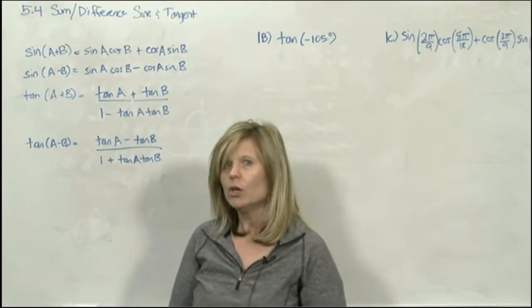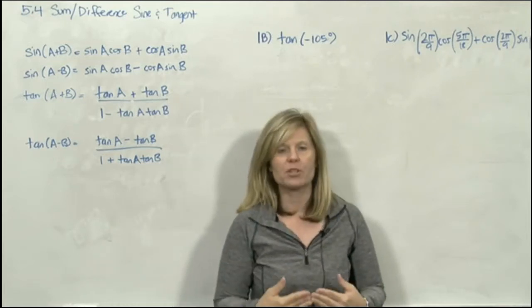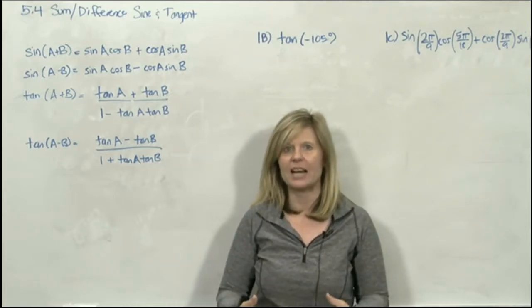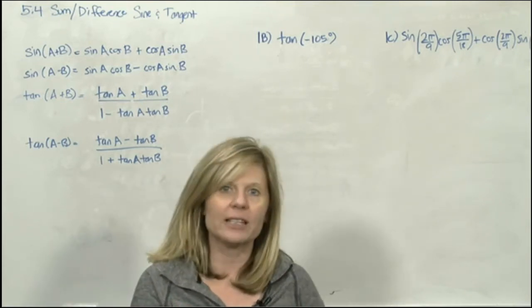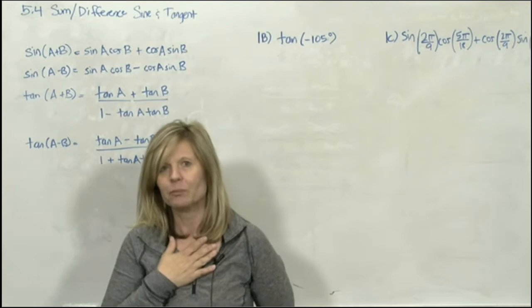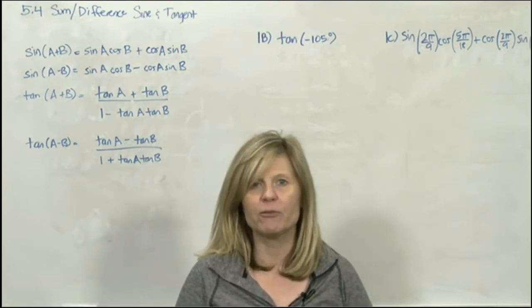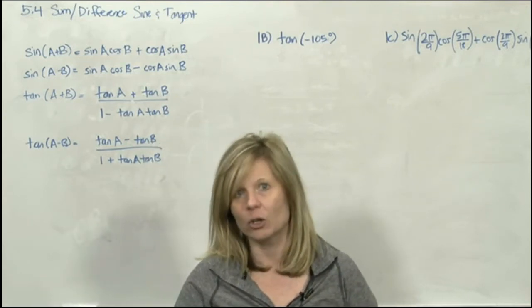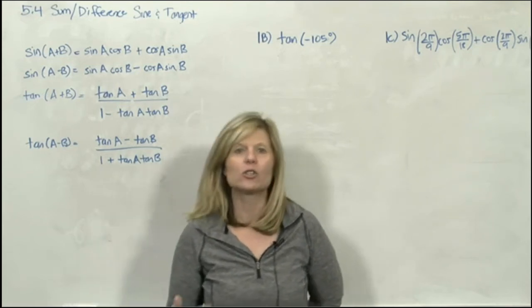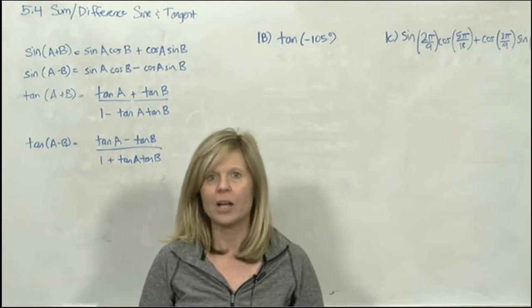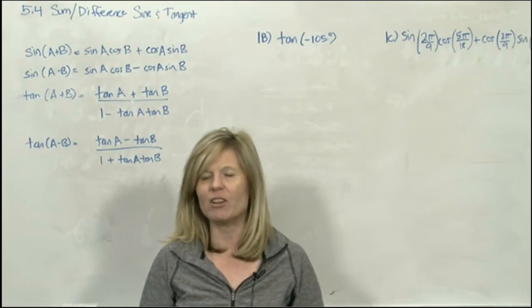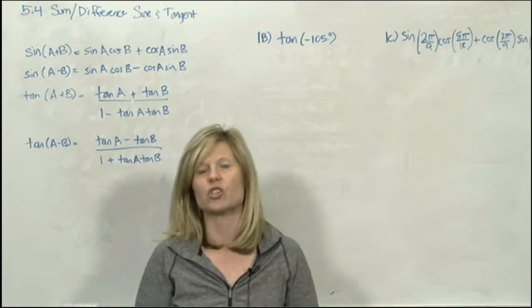So again, what was the purpose of having a sum and difference identity of two angles? Well, it went back in the early days, when I was in school, you had to know how to look up trig function values of any size angle. And remember, the only angles we can look up without a calculator are our quadrantals off the unit circle, our 30, our 45, and our 60, because we know those side relationships.